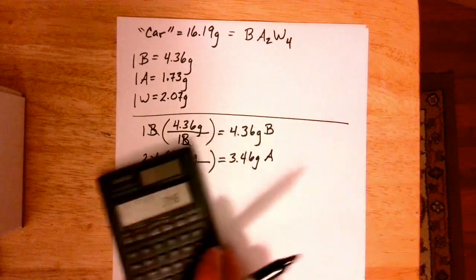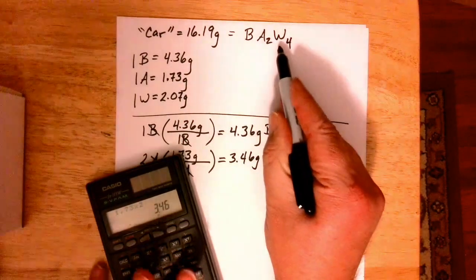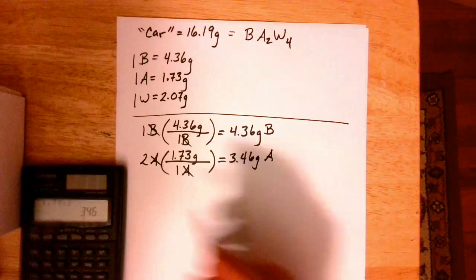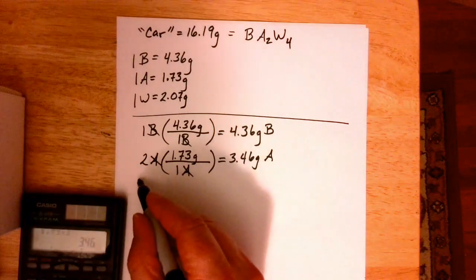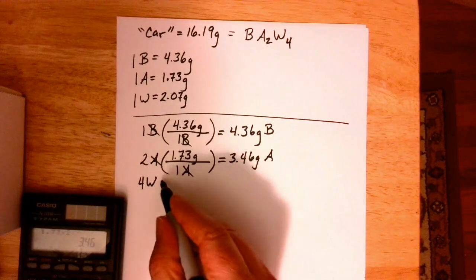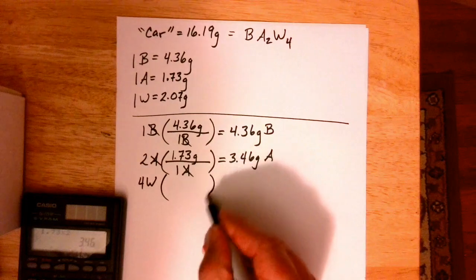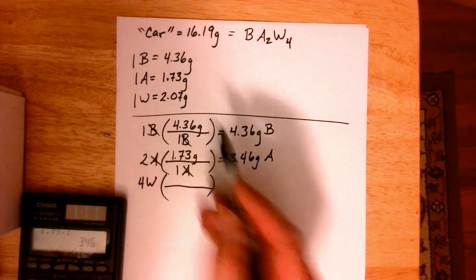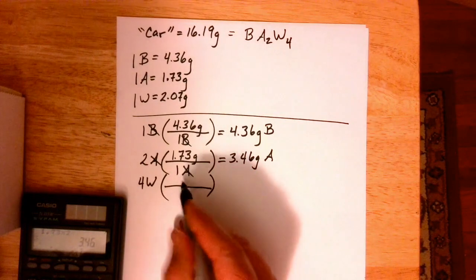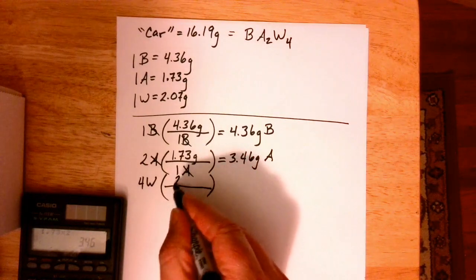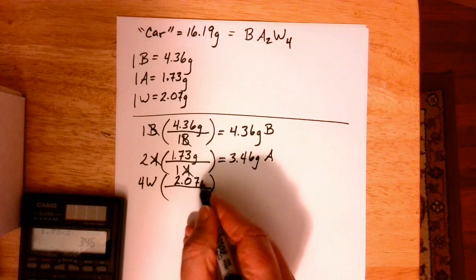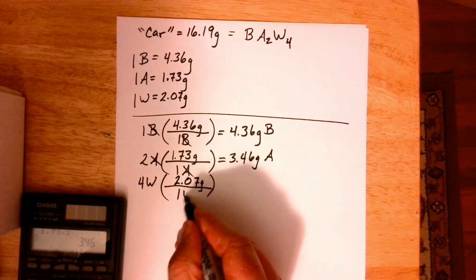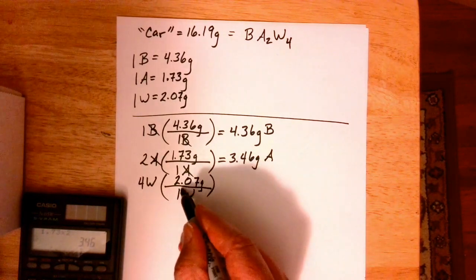And then the last part, the car is made up of 4 wheels. So I'm going to put 4 wheels over here. Open up a set of parentheses. One wheel is 2.07 grams. So I'm going to put 2.07 grams on top, and then one wheel on the bottom. This way wheels will cancel out.